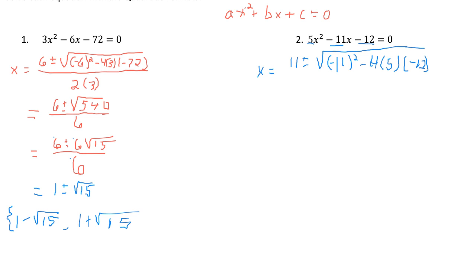Now, it goes back because that is equal to 0, all over 2 times 5.